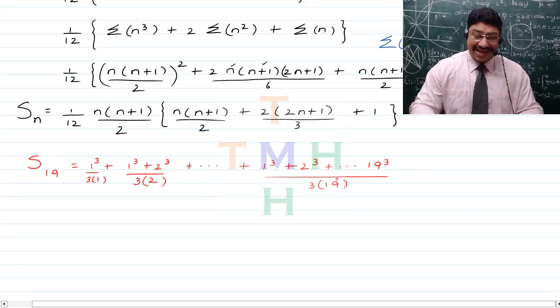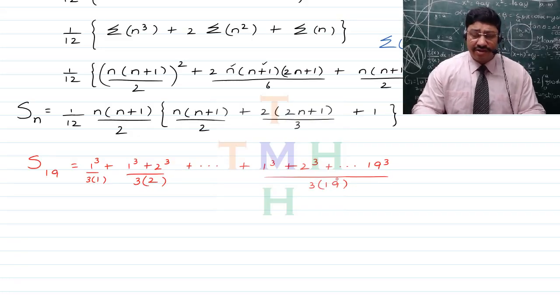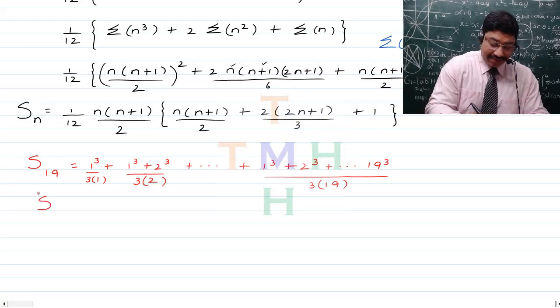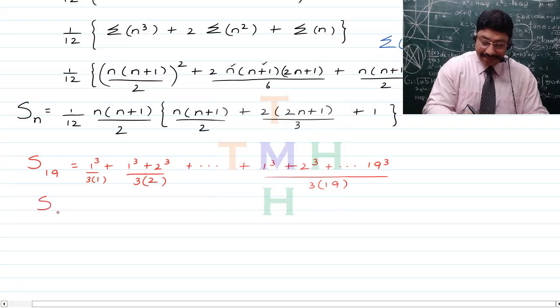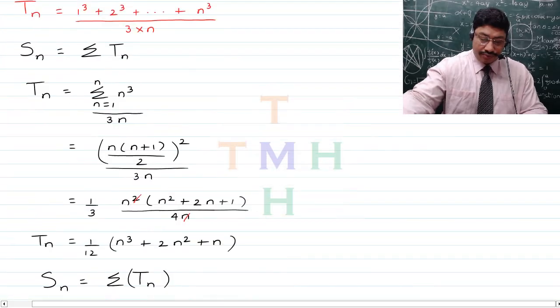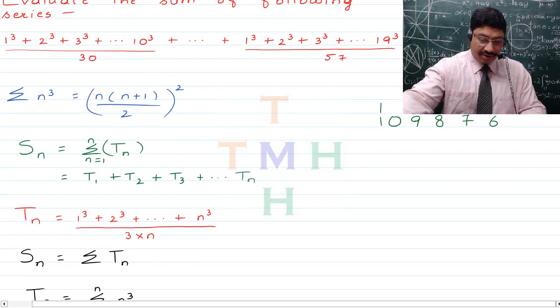So from this S19, we are further able to subtract some S, and we've got to go up to how much? S9, right?